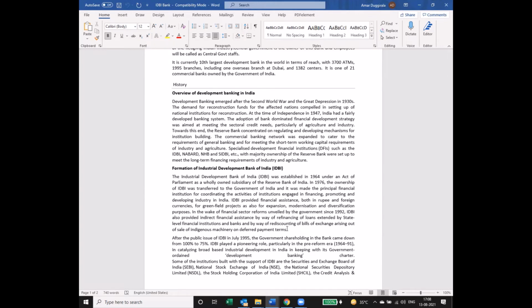Expansion is when, whatever current industrial organization you have, you want to expand, you want to invest into new fields, and you want to start working in new areas. That was one. Secondly, modernization. 1970s to 1990 was another era in which technology was changing rapidly in the West. Whenever you want to invest into technology, you need heavy funds, huge funds, and financial assistance.